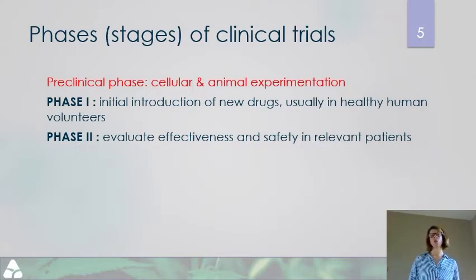So once you've determined that it is safe to give your new drug to a healthy volunteer, the second phase of a clinical trial is to evaluate the effectiveness and safety in relevant patient populations. So really the key word here again is safety, but also now, does it work if I give my medicine to relevant patients?